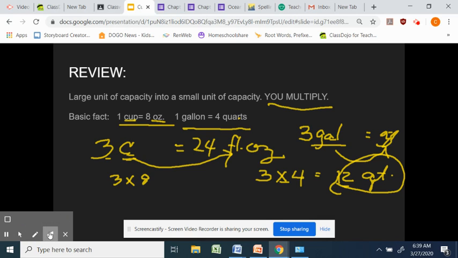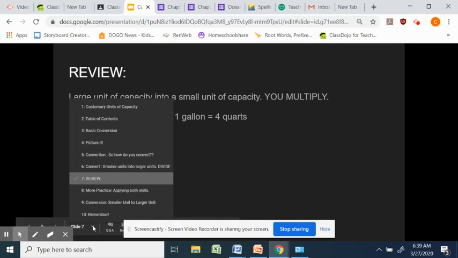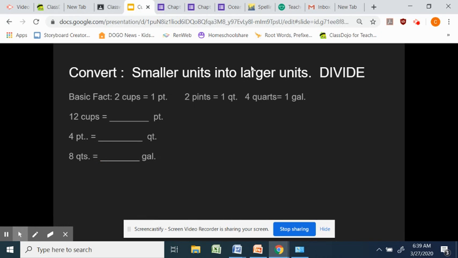So today we're going to see how we can convert a smaller unit into a large unit of capacity. So now it's telling me to convert.